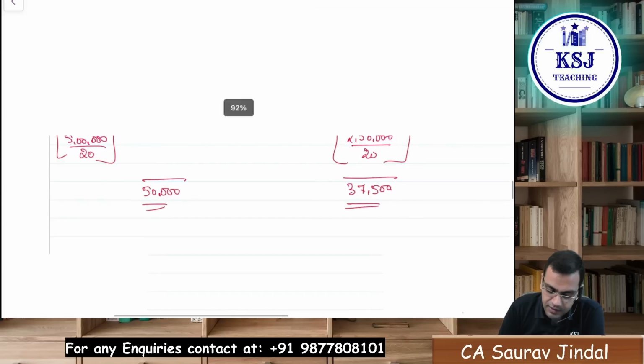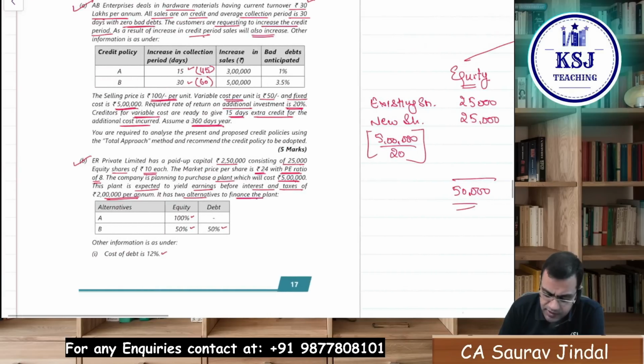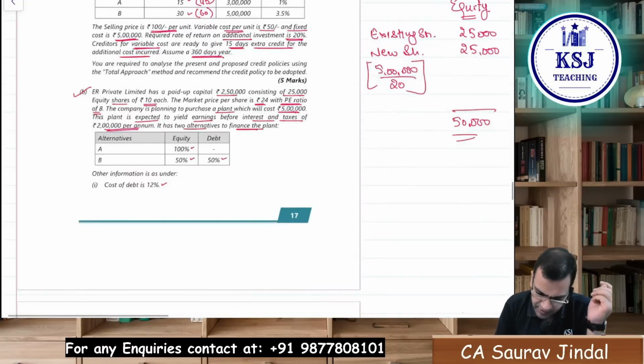Right? Now, you know what is the problem in this question? There is just one missing link in this question, sir. Number of shares you have calculated, everything we will be able to calculate, sir. The only thing is, when you will prepare the statement, you have some existing data also. Existing shares are there and everything is there. You don't have the existing EBIT.